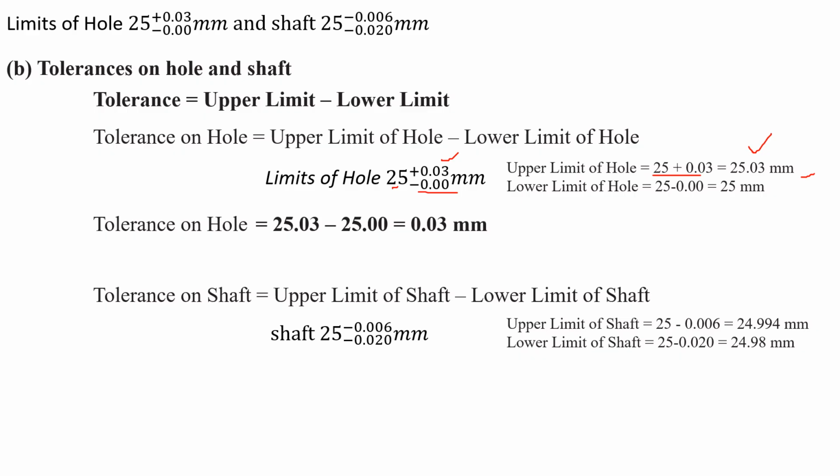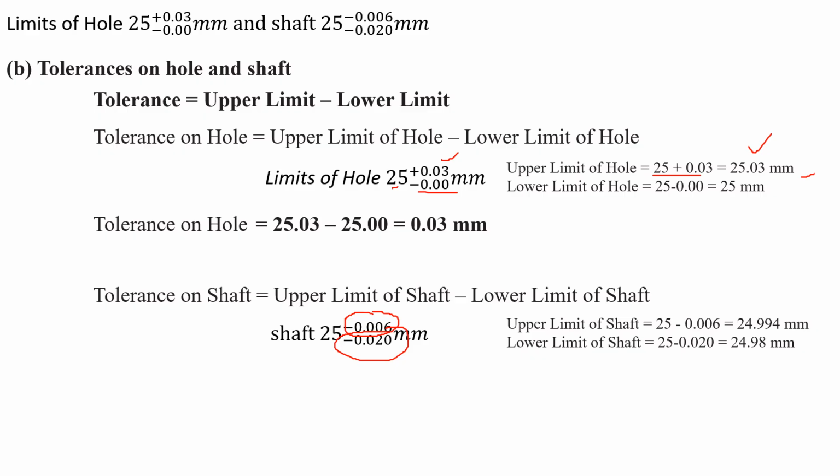In the data, the upper limit of the shaft is given as 25 minus 0.006, which is equal to 24.994 mm. Similarly, the lower limit of the shaft is given as 25 minus 0.020 mm, which is equal to 24.98 mm.